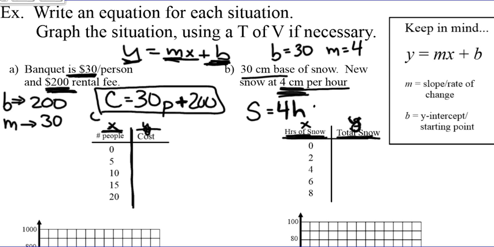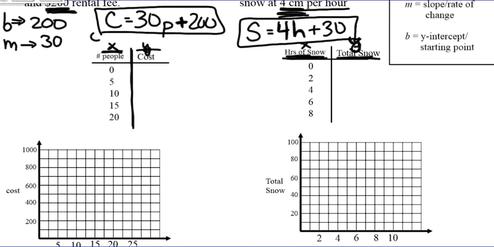But now we add the b value, which is what we started with, which was 30. And there's our equation.